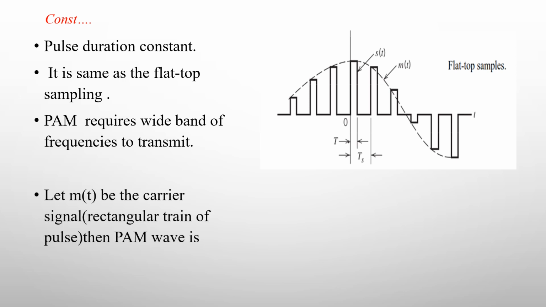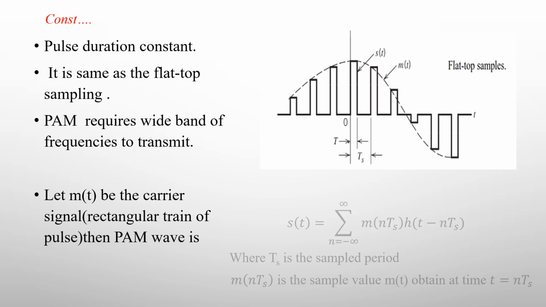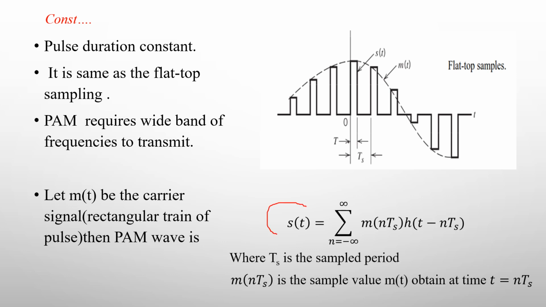Let m of t be the message signal and the rectangular train of pulses be the carrier signal, then the pulse amplitude modulated wave is s of t. So s of t is the modulated signal.